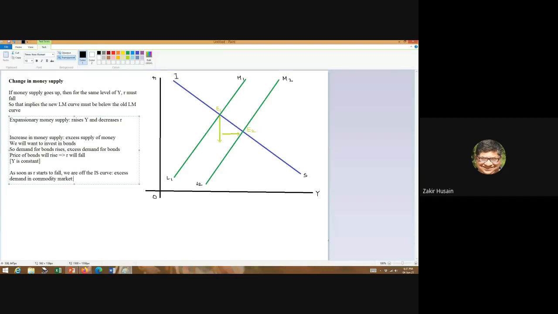Once we have excess demand, supply, which is Y, must rise. So the rate of interest is falling and Y is going up. Through some minor adjustment, ultimately we reach E2, when the rate of interest has gone down and income has increased.